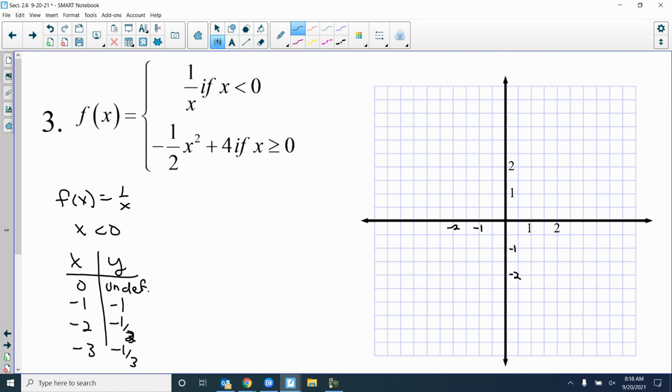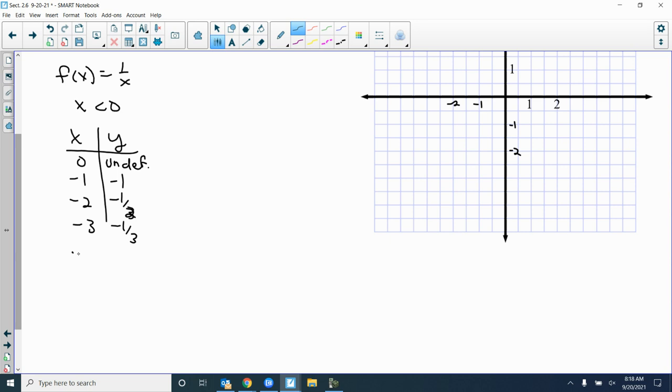Negative 1/3. But what's happening between negative 1 and 0? So if you look at the function sheet, it exists. But think about this. What's 1 divided by negative 1/2? 1 divided by negative 1/2 will be negative 2. So here's kind of what we got. So at negative 1/2, it hits at negative 2.